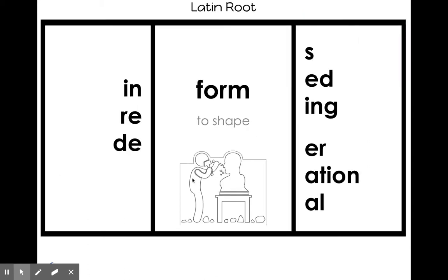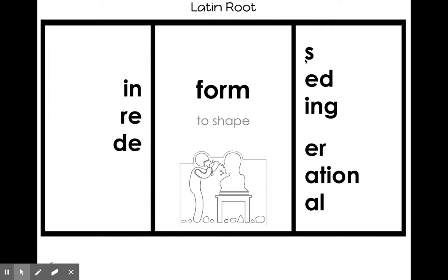So what I want to show you first here is a Latin root. The word form that you guys are used to seeing in different ways is considered a Latin root word, and it means to shape. Okay. So if we take the prefix in, put it in front of form, we have inform.